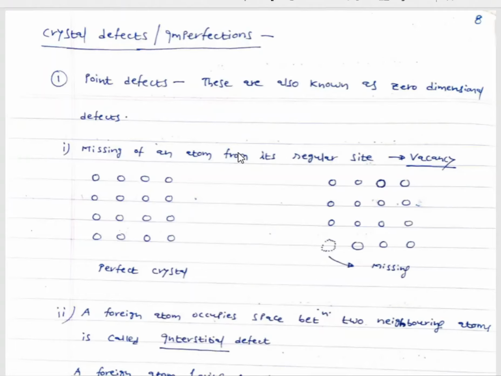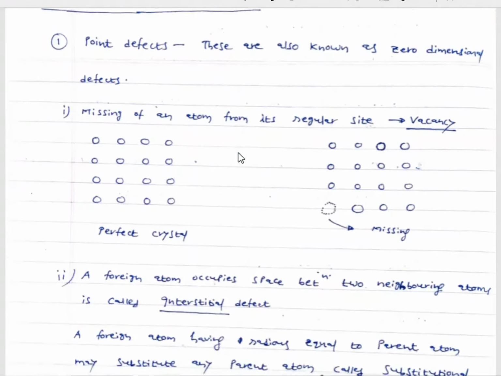The second type of point imperfection is this. Take a perfect crystal belonging to a single element, suppose iron. Now when a foreign atom is added to the iron, suppose carbon, then carbon and hydrogen, having very little atomic diameter, may occupy the space available between two neighboring atoms.